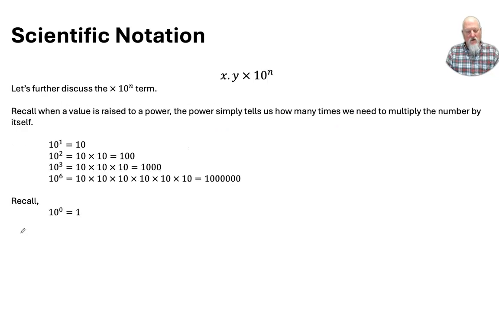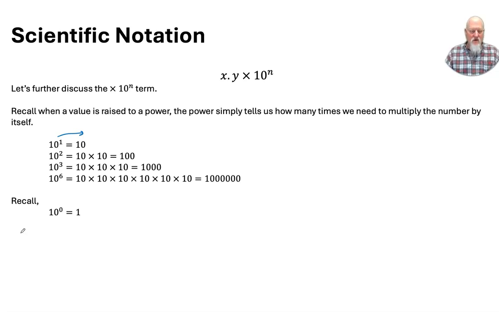When we raise something to a power, it simply means how many times we multiply 10 by itself. So if it's 10 to the first power, we write it as just 10.